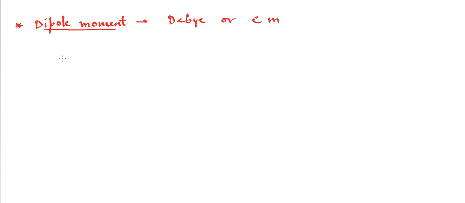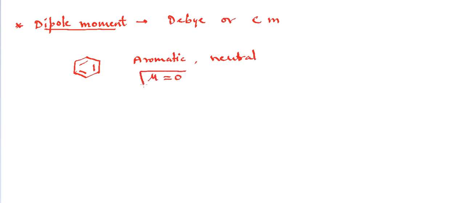Now you can see the dipoles of these molecules are checked with the help of very simple criteria. That is, if a molecule is aromatic and is neutral, then you can simply say that the dipole moment for such a molecule will be 0. That means it will be a non-polar molecule.